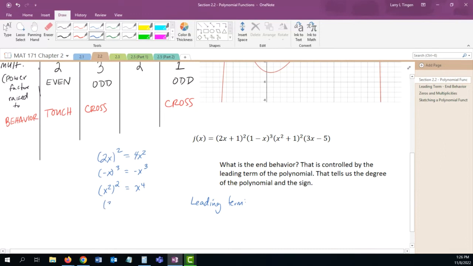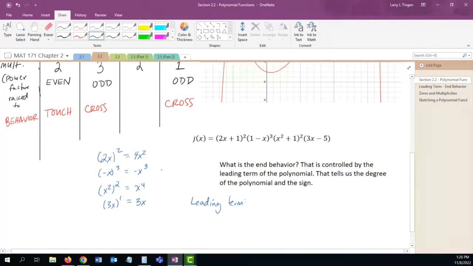And then in the last one, it's 3x. Okay, so if I multiplied all of these out, this product, 2x plus 1 times 2x plus 1, would have a leading term of 4x squared. This would have a leading term of negative x cubed. This would have a leading term of x to the fourth. And this would have a leading term of 3x.